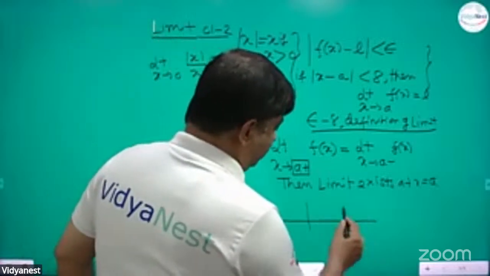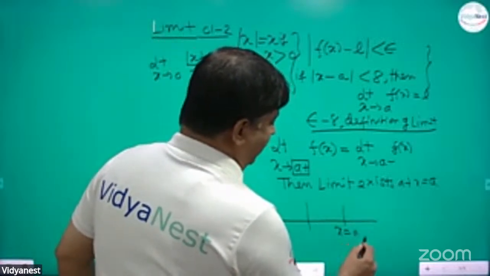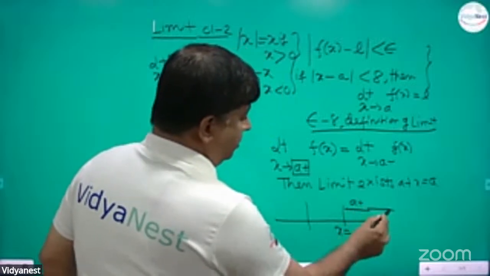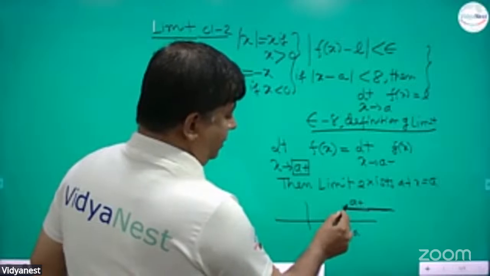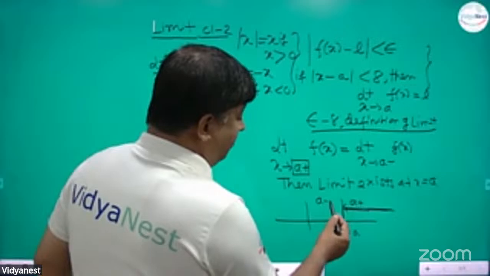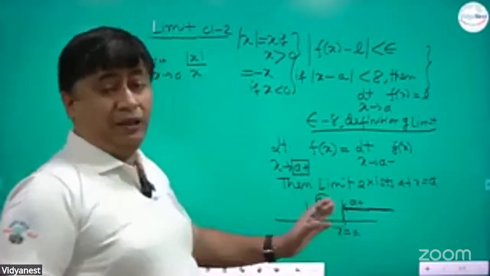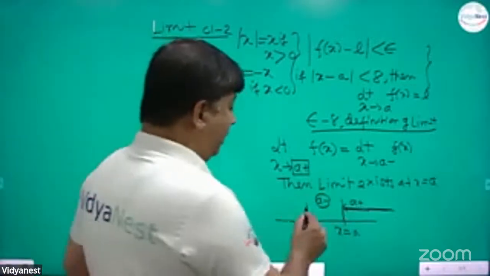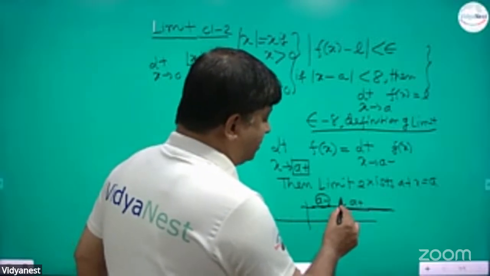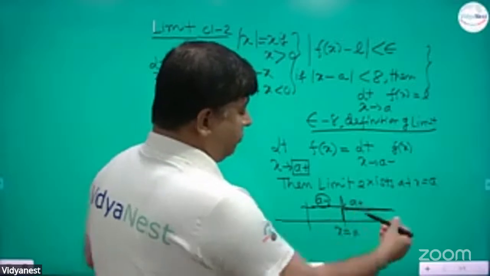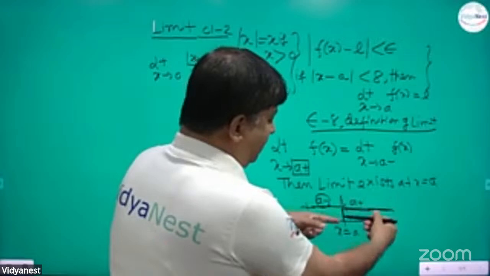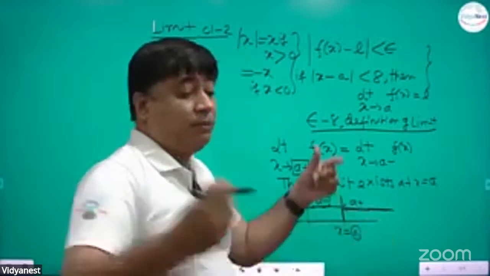Suppose this is x is equal to a, that is a plus, the curve approaching x is equal to a. This is a minus. Does it mean minus a? No. A minus means from the left hand side, the curve is approaching this limit. So from both sides they are approaching one finite value, so the limit exists if they meet.